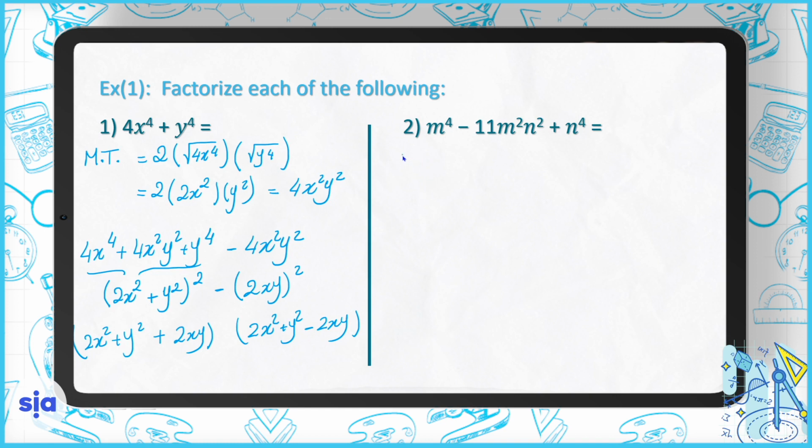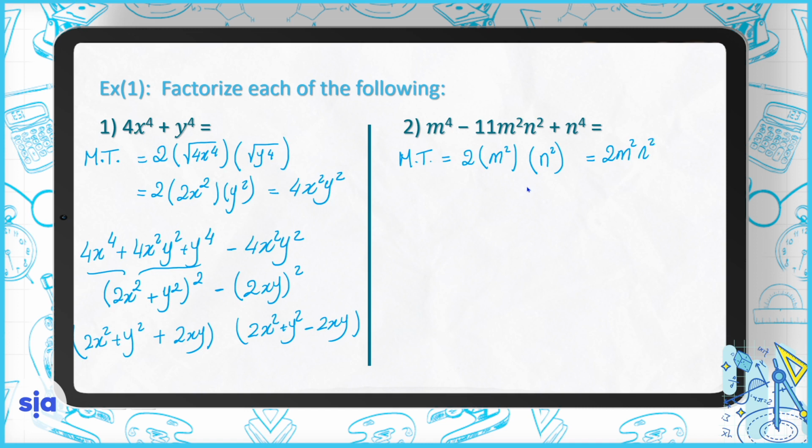Question 2. The middle term is 2 times the square root of m power 4, which is m squared, and the square root of n power 4 is n squared. So the middle term is 2m squared n squared.